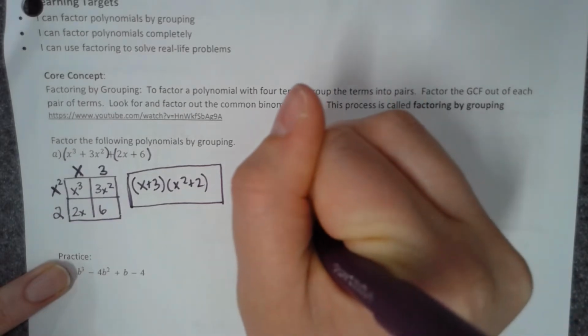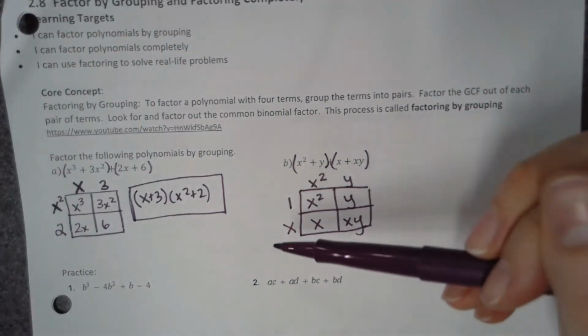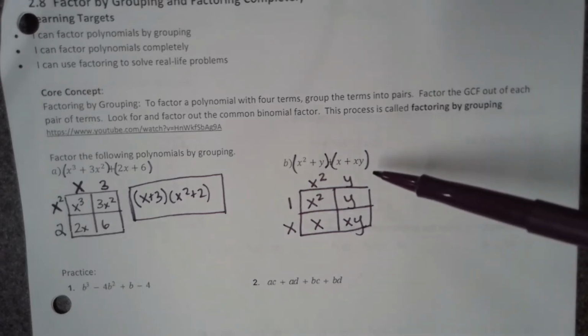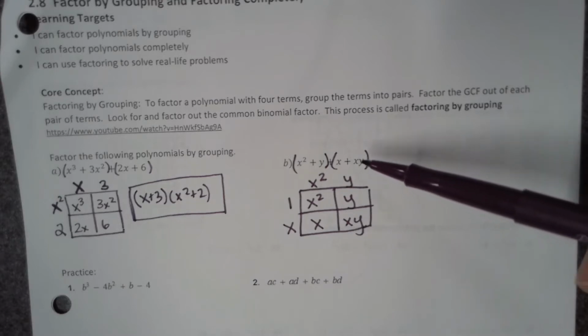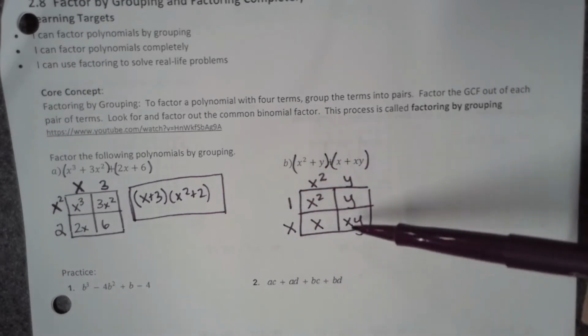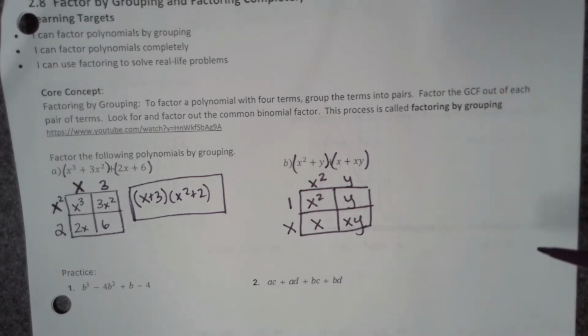And their greatest common factor would be x. But x times x squared is not x. And so this problem right here is going to be prime.